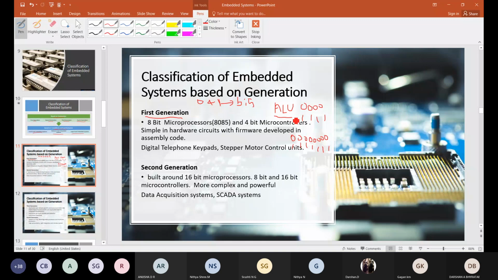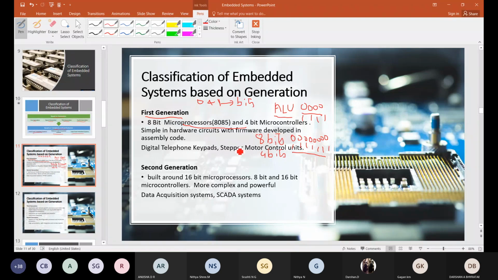So here, in the 4-bit or 8-bit first generation microprocessor and microcontroller, the processor performs the ALU operation 4 bits or 8 bits at a time. That is what we call an 8-bit or 4-bit microcontroller or microprocessor.